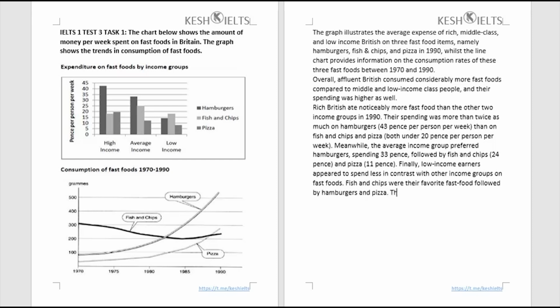They spent less than 20 pence per person. Sorry about that. I'll fix it. Per person each week on fish and chips, and less than half of that on pizza.